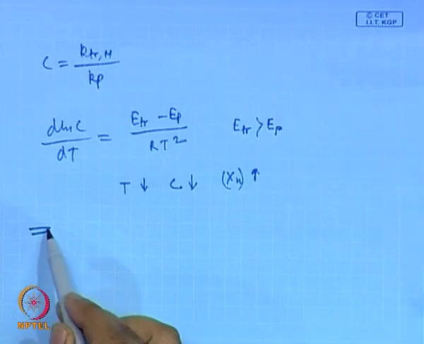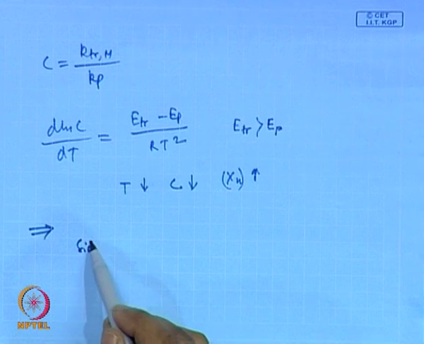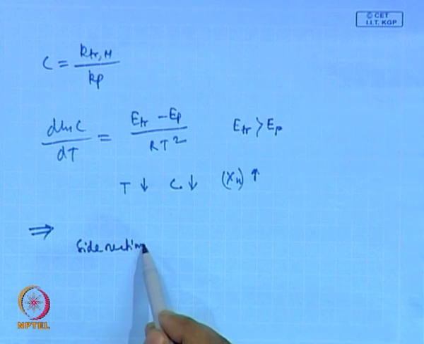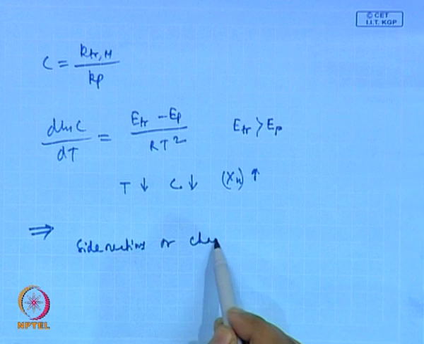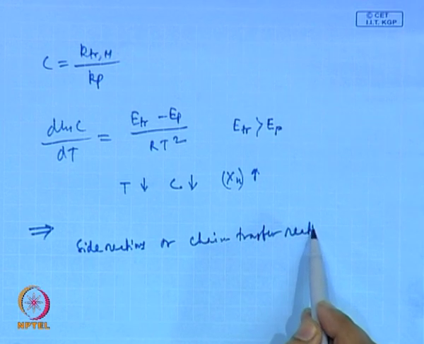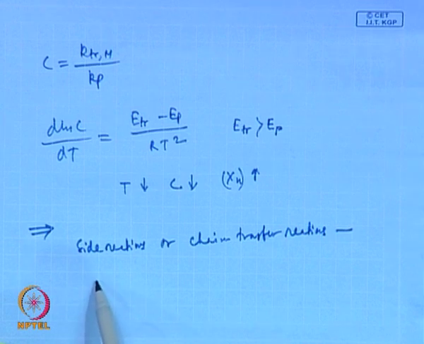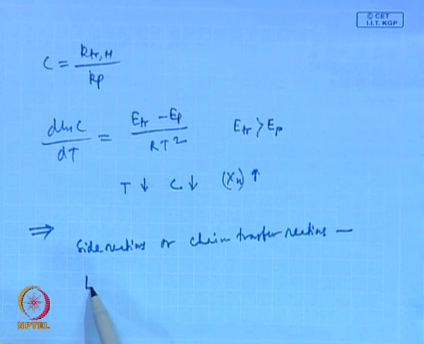Now, if you can do reactions where you do not have these side reactions or this chain transfer reaction, then you can keep these propagating cationic chains alive, and you can get living cationic polymerization.